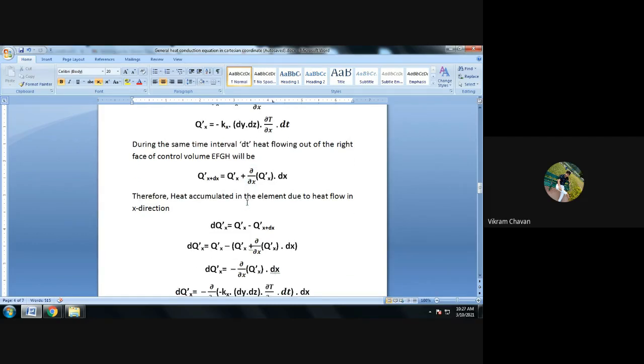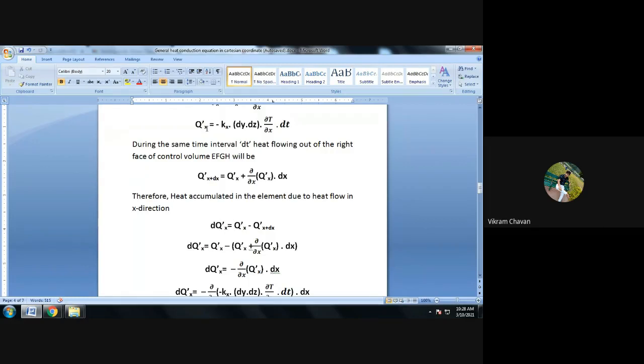So the difference here will be denoted as dq dash suffix x. We are finding this difference for x direction only, so for that purpose we have provided the suffix x. The difference dq dash suffix x will be equal to q dash suffix x minus q dash suffix x plus dx.